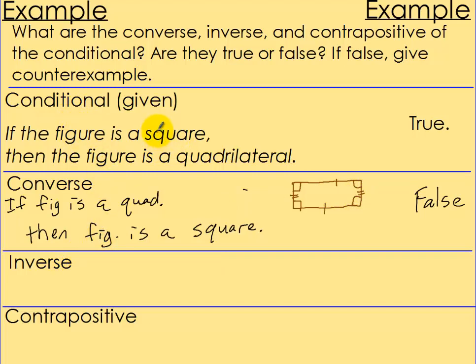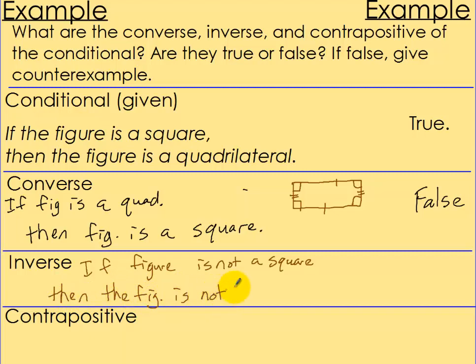Inverse. That means you're doing the not of these things. So we say if the figure is not a square, then the figure is not a quadrilateral.